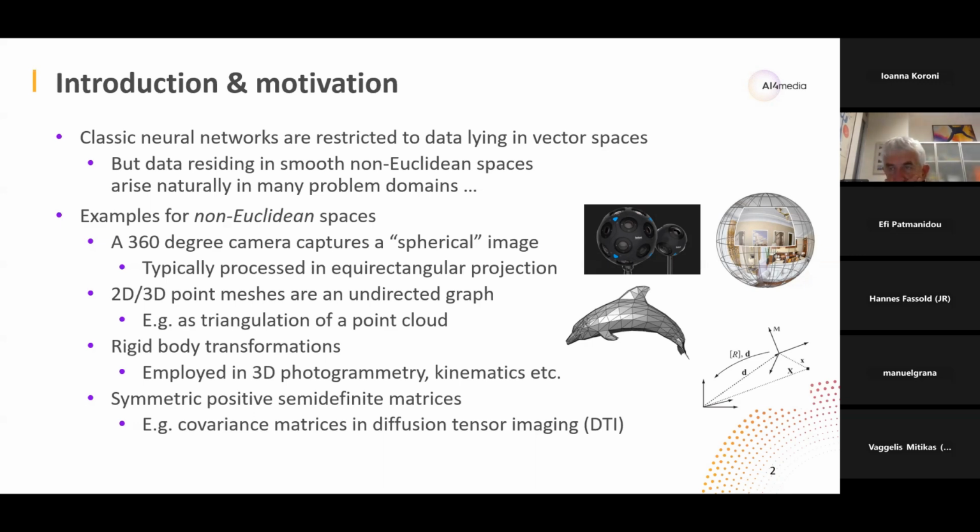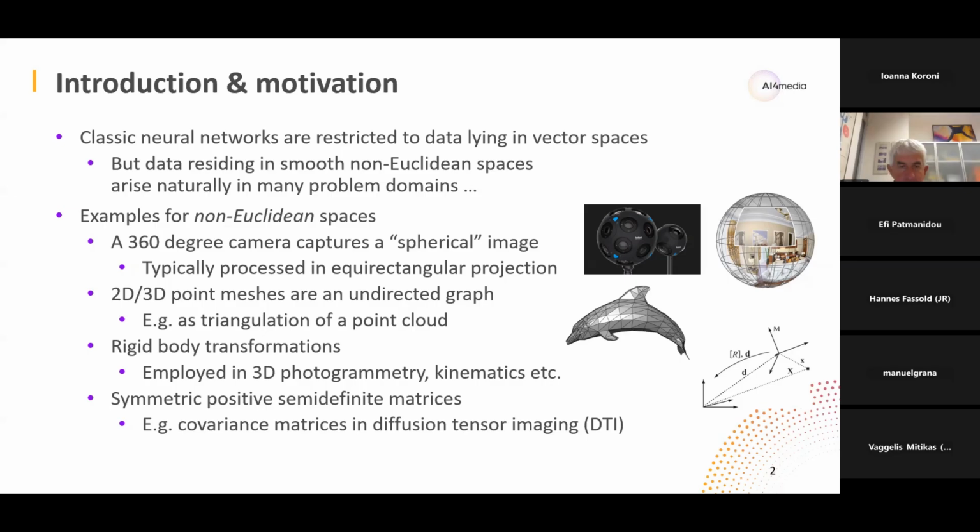And in order to map that into the usual rectangular pixel representation, this spherical image is usually projected via, there are different projections, but usually you're using an equirectangular projection, which brings itself a couple of issues I will present in the next slide.